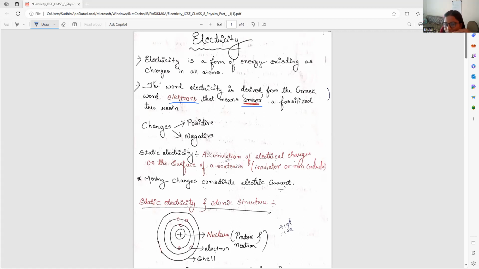So this type of material is known as amber. This is amber, and the word electricity has been derived from this amber.